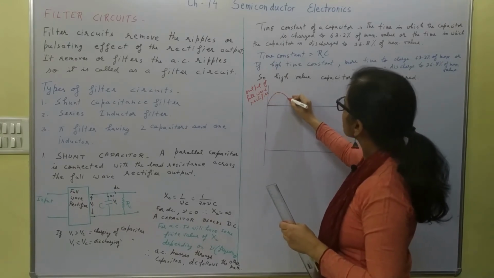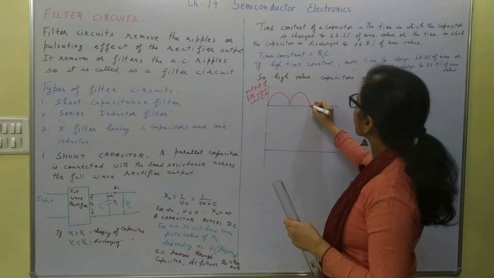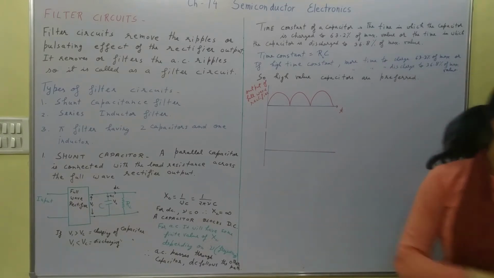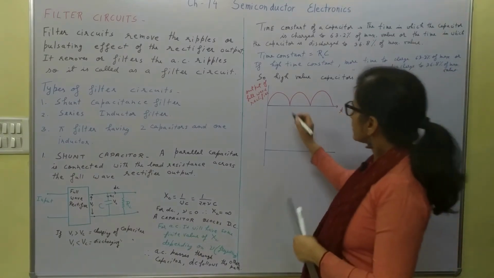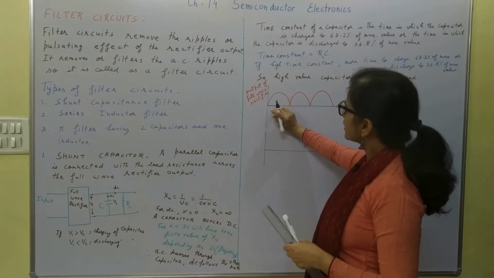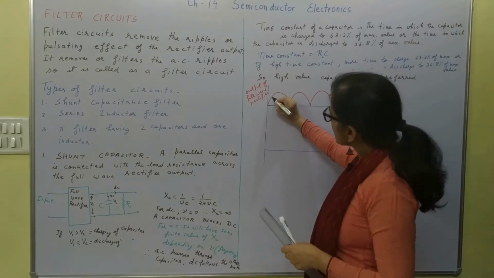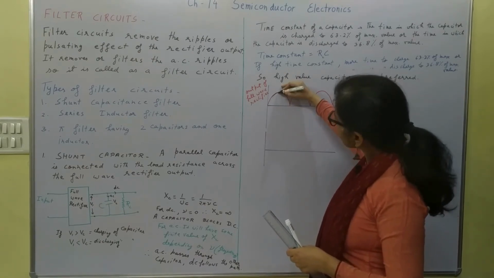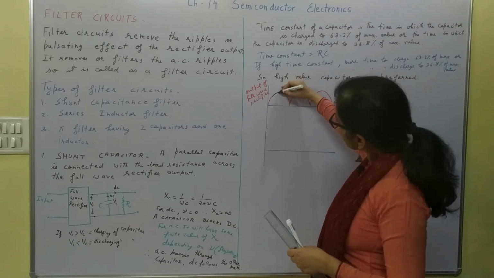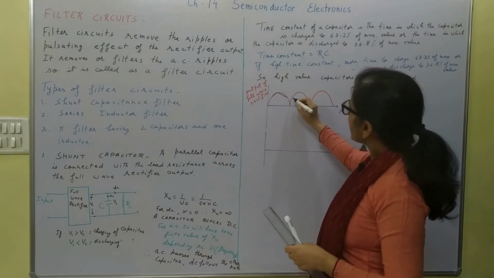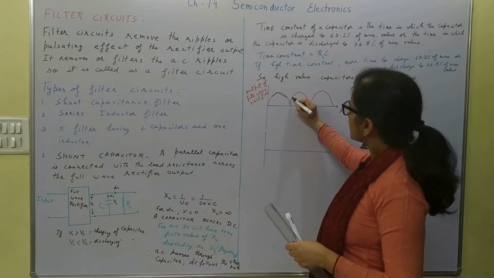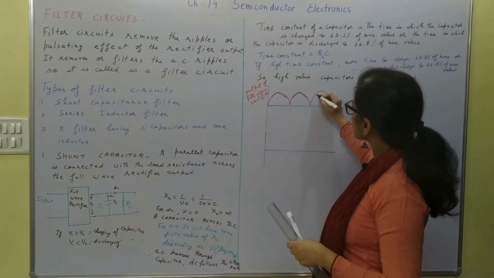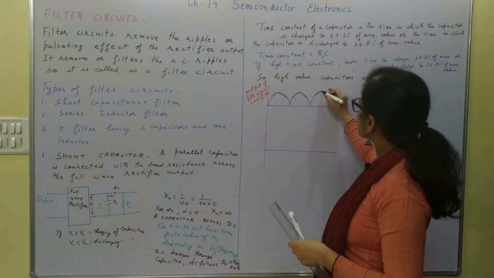So this is actually the time. Now what happens is, during this half cycle of the AC, it charges from 0 to maximum value and then it discharges, and then in the next half cycle it again charges in the opposite direction to maximum, and then it again discharges.